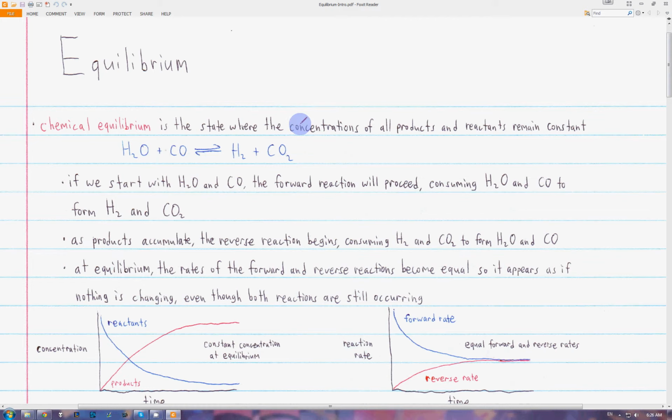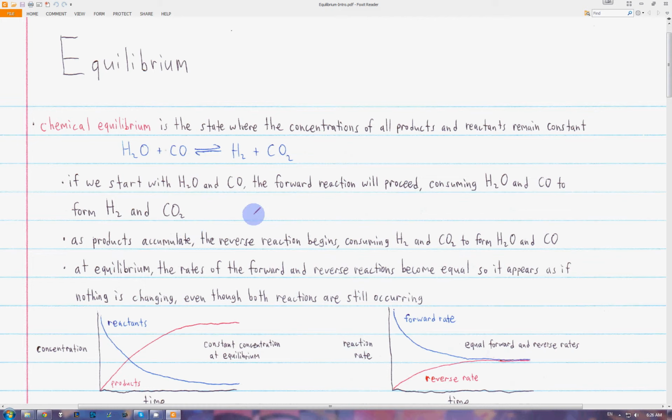So if we start by mixing just H2O and CO, then the forward reaction will proceed, consuming these reactants H2O and CO to produce H2 and CO2. As these products, H2 and CO2, accumulate, eventually there are enough of them to start the reverse reaction.